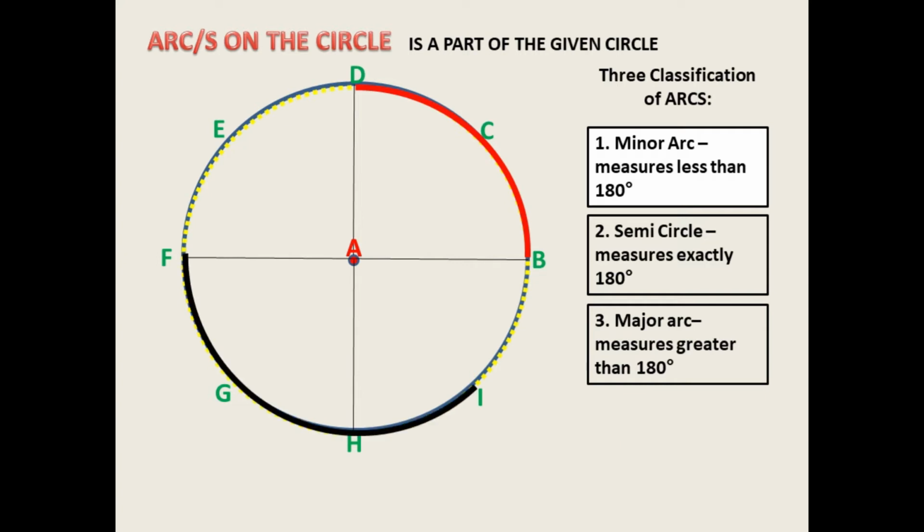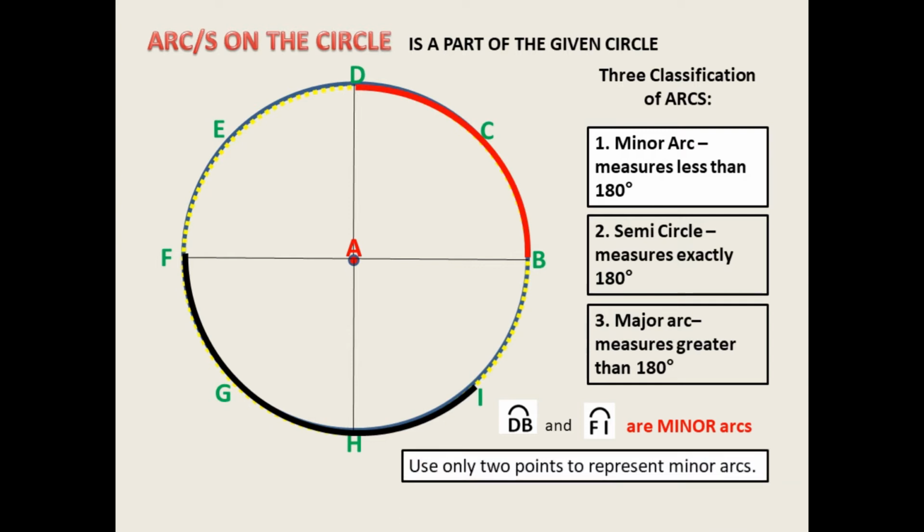These are minor arcs because their measures are less than 180 degrees. If you notice on the figure, arc FI does not reach point B, because if it reaches point B, it measures 180 degrees. So we use only 2 points to represent minor arcs.